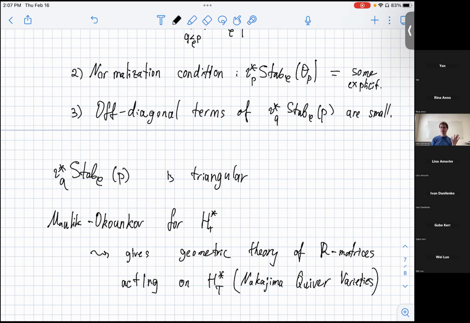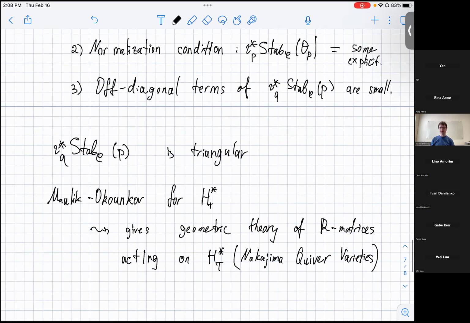One of them you think about as auxiliary space. The other is like the actual space that you want to study. And you construct R matrices from stable envelopes by taking stable envelopes and inverse of stable envelopes with respect to different chamber. And it gives you transfer matrices. It gives you action of Yangians or some K-theoretic quantum groups.